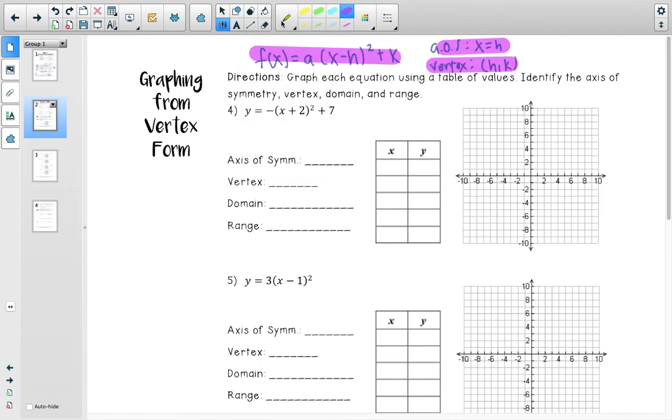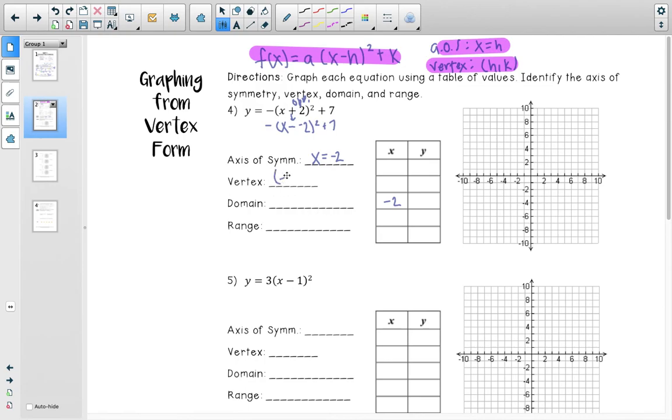Okay, so let's try to find the axis of symmetry. We know that if there's an addition sign, that's the same thing as subtracting a negative. So if it's adding, this value is actually the opposite of what you think. So x equals -2, which means right here we're going to put a -2.